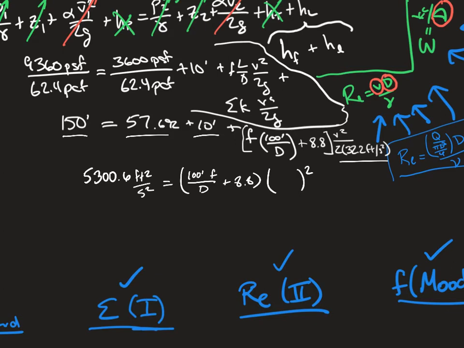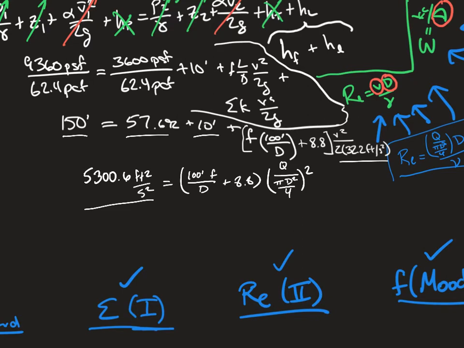So now we've got this term right here on the left. And on the right, instead of V squared, well, it is V, but I'm going to put Q over pi D squared on 4, because, as you guys know, that is the same thing as V.